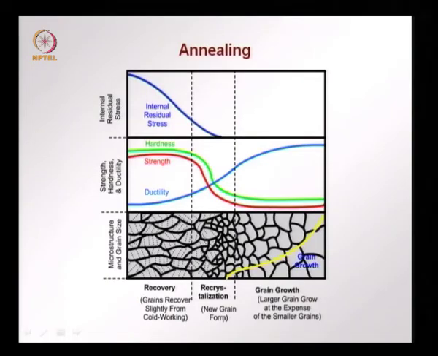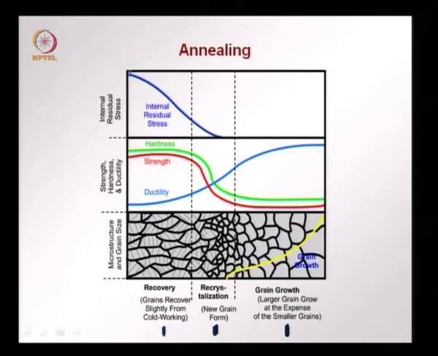So, this is a nice diagram which shows all the different phenomena in one graph, where we have along the x direction the effect of temperature applied going through the 3 phases that we looked at in text: recovery, recrystallization and grain growth. First, let us look at the top what happens due to the temperature during annealing.